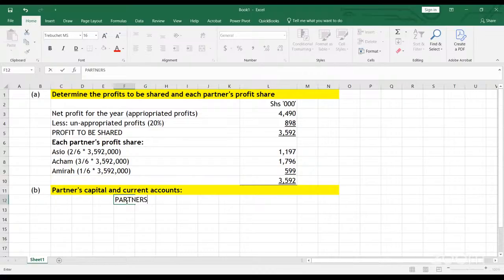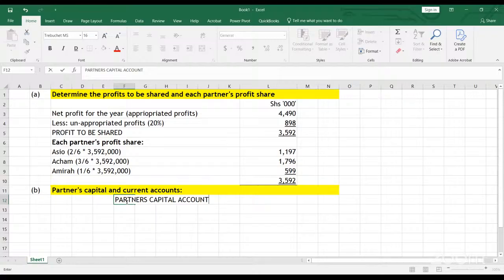So partners capital account. This partners capital account records capital strictly only. They only enter the capital balance in that account. We use it to record only the capital.